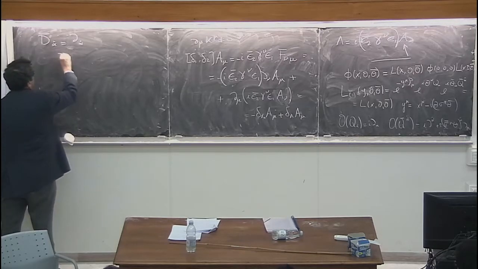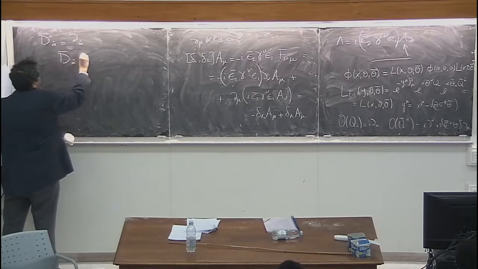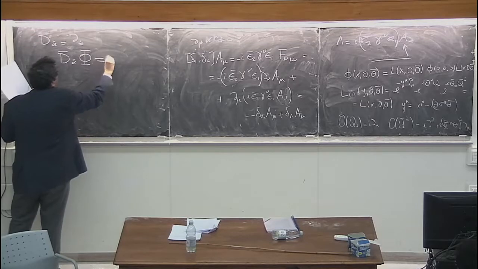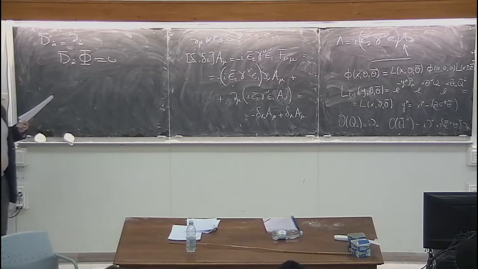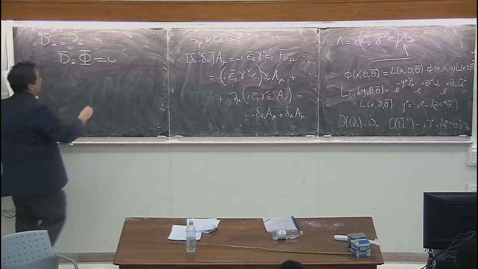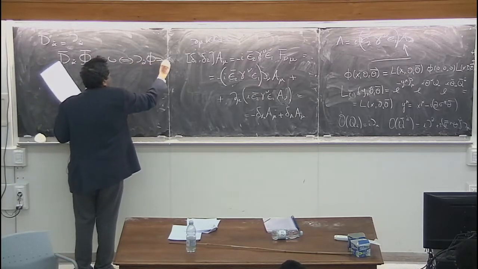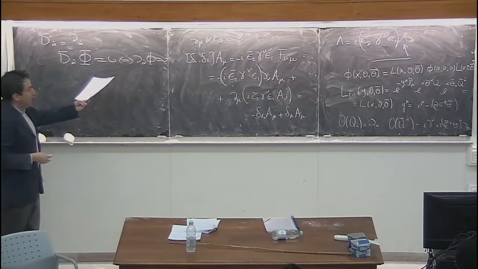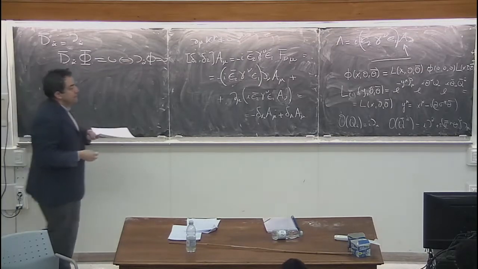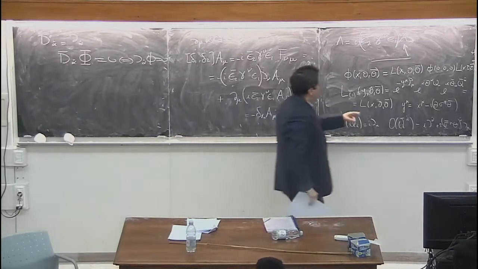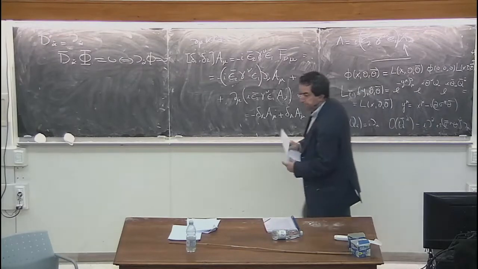Chiral fields are defined by the condition that D bar alpha dot phi equals 0, which boils down to d alpha dot phi equals 0 on superspace. This means that phi in this parametrization simply does not depend on theta bar.